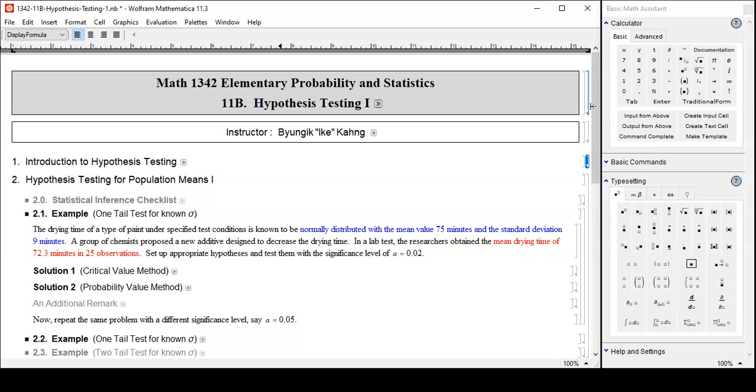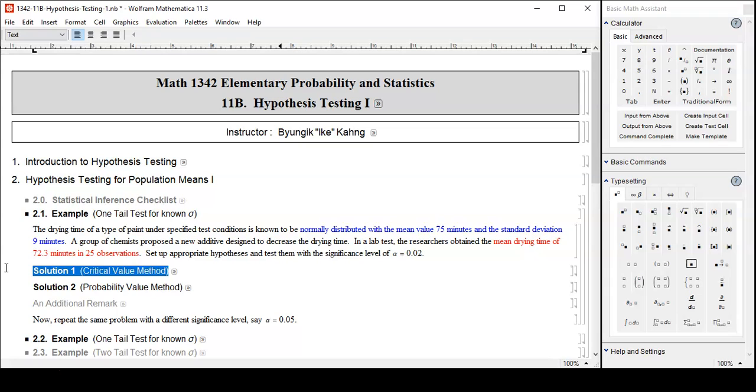So if you go through some lesson videos made by MyMathLab or WebAssign or MathXL or whatever, usually the emphasis is in solution 2. But I found through my experience that students usually score better through solution 1. So I'm going to emphasize solution 1 more.